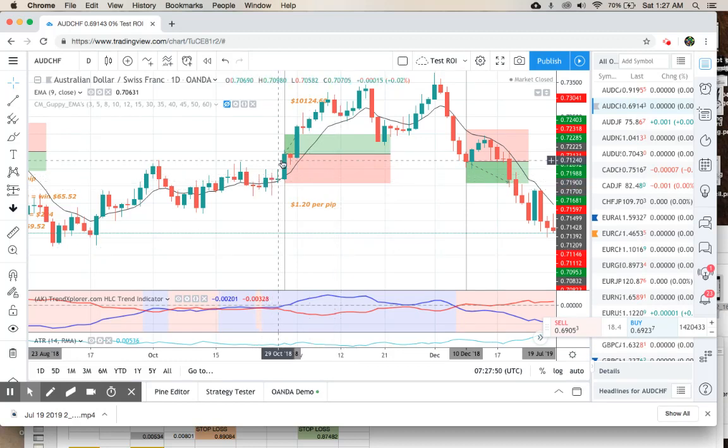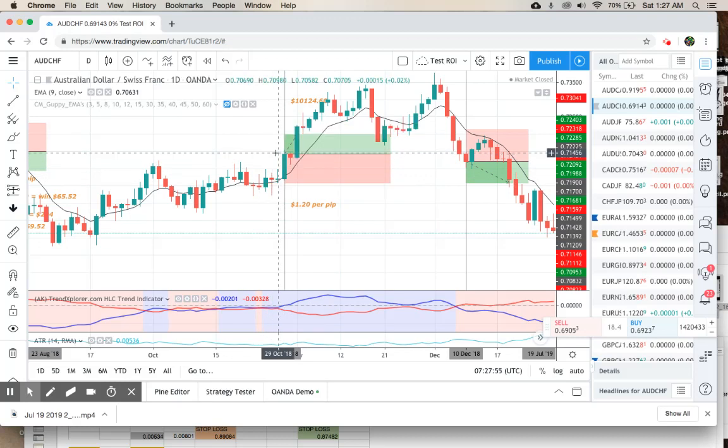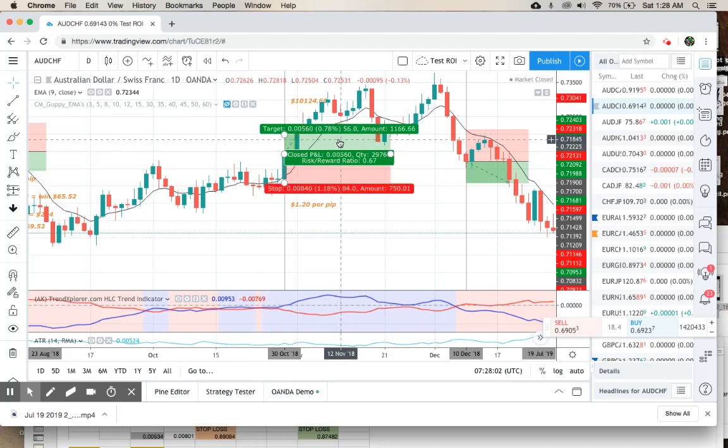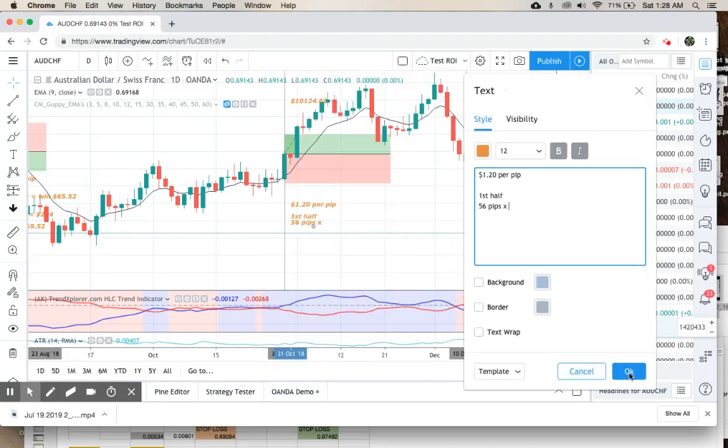So we entered the trade here, and we obviously won. So we know we hit the first take profit. The first take profit was at 56 pips. You can see right there. Okay, so 56, first half of the trade. 56 pips times, what was it?